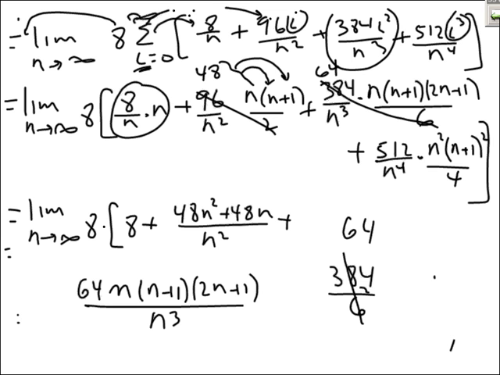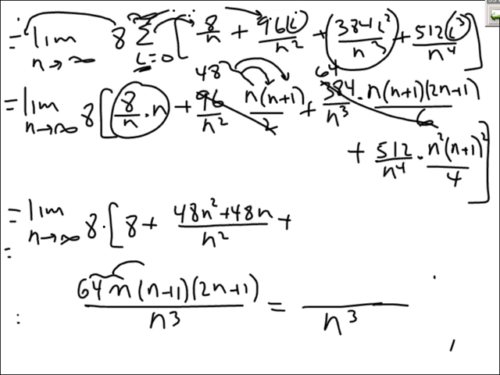Now, if you're clever, remember n is going to infinity. And we do have n cubed on the bottom. So anything on top that's below an n cubed is going to go to 0. You have 64 times n times 2n. That's going to give you the n cubed. There's no n to the 4th. The highest power is n cubed.